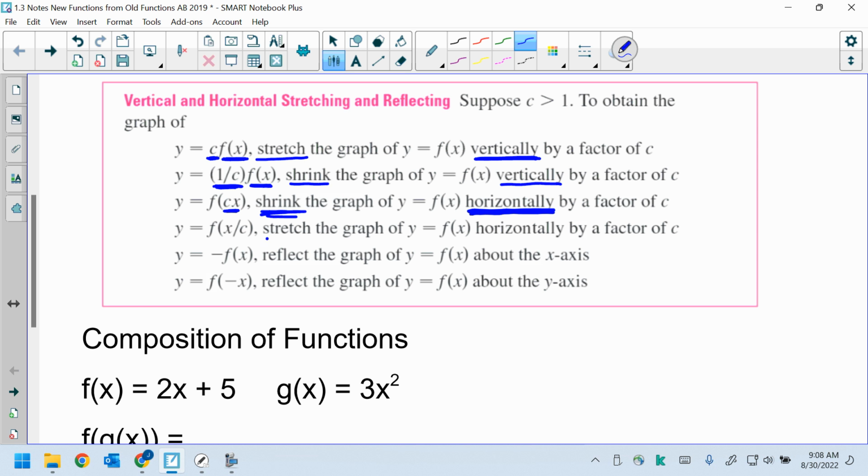If I want to stretch things horizontally, make this graph wider, not taller, just wider than what it previously was, well, now I'm going to work inside the parentheses because this is a horizontal effect. And I'm going to divide by some factor of c. If I want to make things 3 times wider than they used to be, I'm going to take that x value and I'm going to divide it by 3.